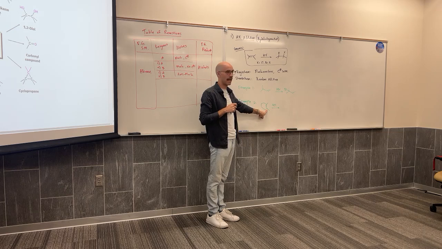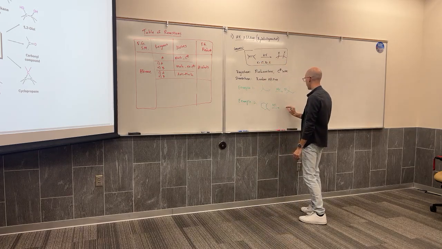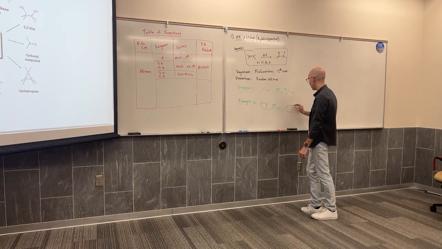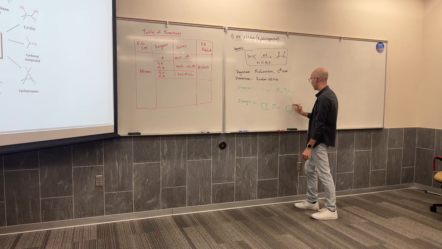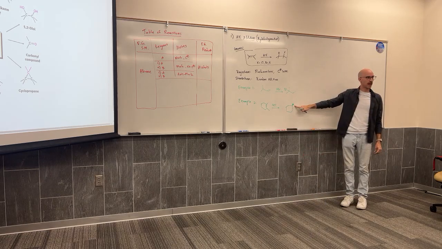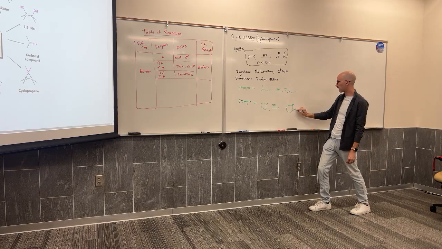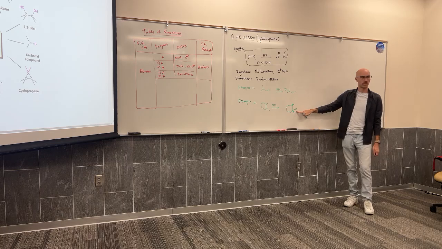And when chlorine adds to the other carbon, does it create a chiral center? Yes. So what combinations of chiral centers can I have? Well, first, my hydrogen can add dashed on the top carbon, and my chlorine can add dashed on the bottom carbon.